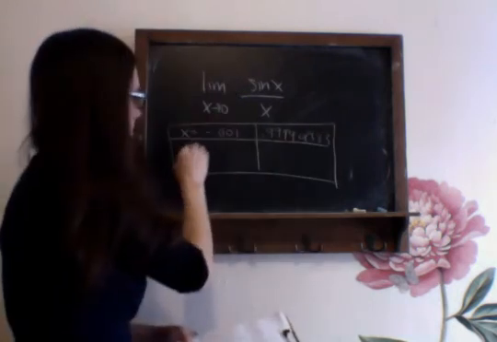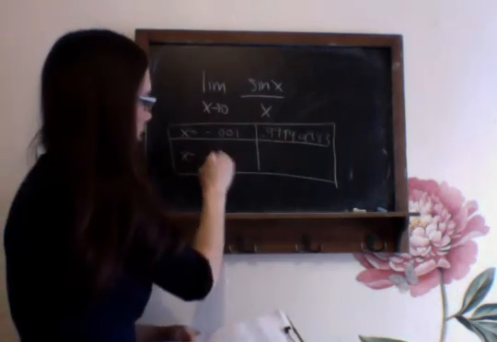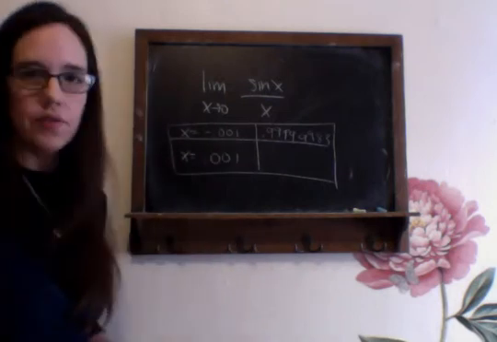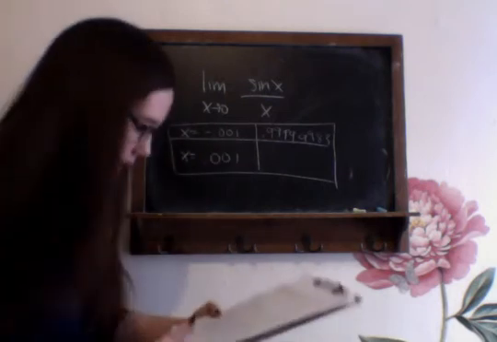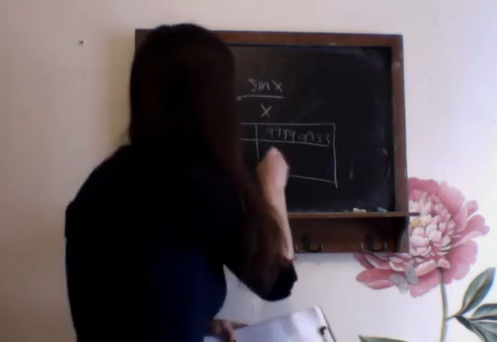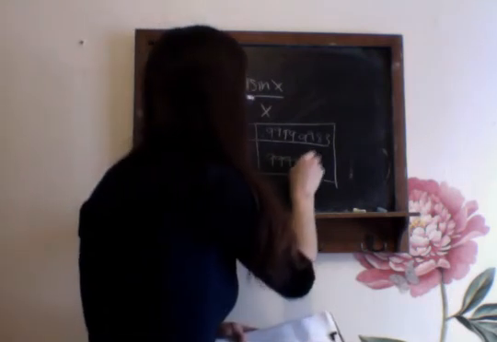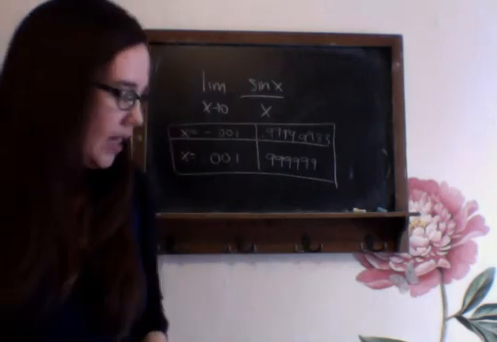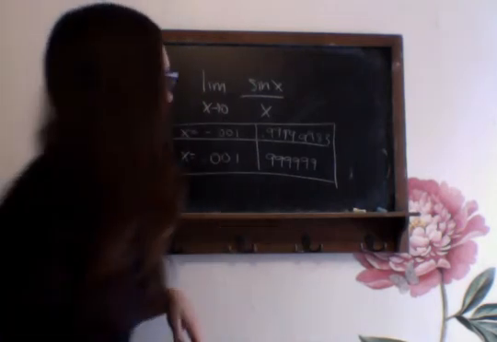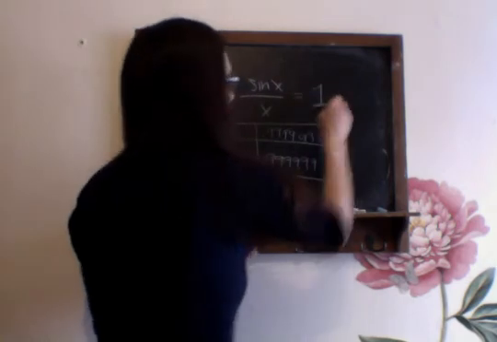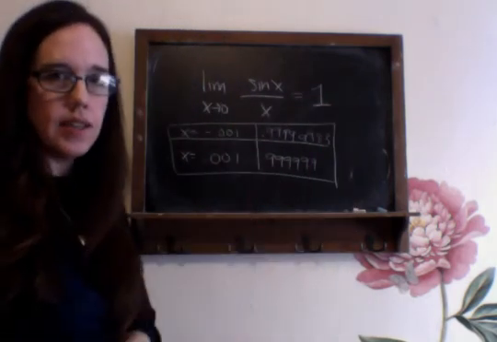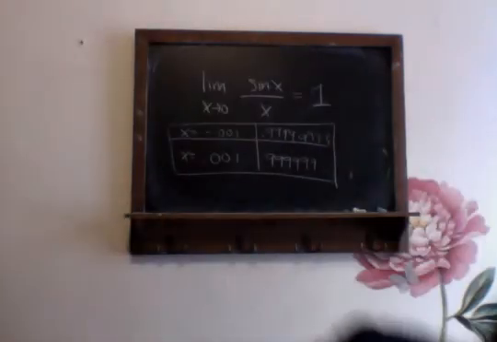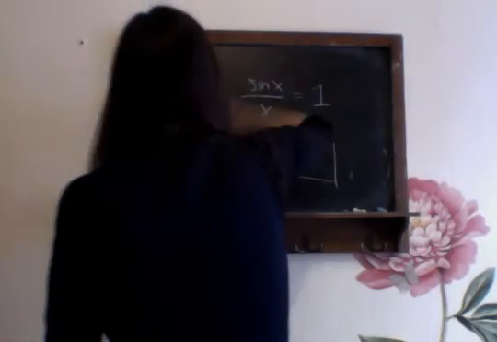Plugging in 0.001, from the right-hand side, we get 0.9, a bunch of 9s. Very close to 1. So we plugged in values closer and closer and estimated that the limit must be 1. You can also look at the graph of this and estimate that the limit must be 1. But there's another way, and that's L'Hopital's rule.